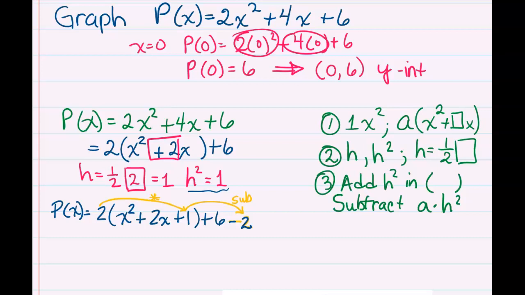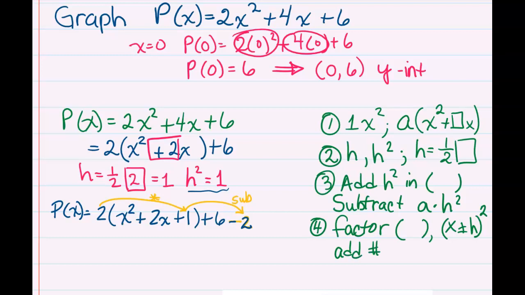And then our next thing we need to do is to factor what we have inside the parentheses, and it will factor to something squared. In fact, x and h will be on the inside, and you can do a plus or minus. It doesn't matter what the positive or negative h is, as long as it's going to be h. And we're going to add the numbers that are on the outside.